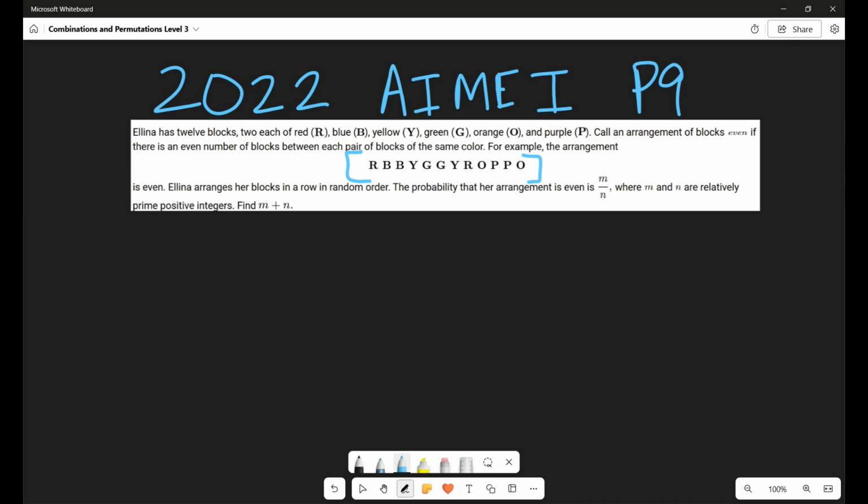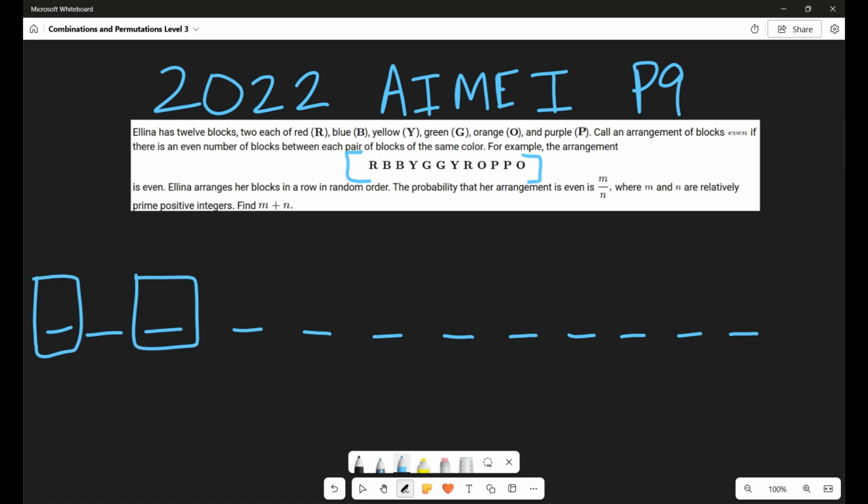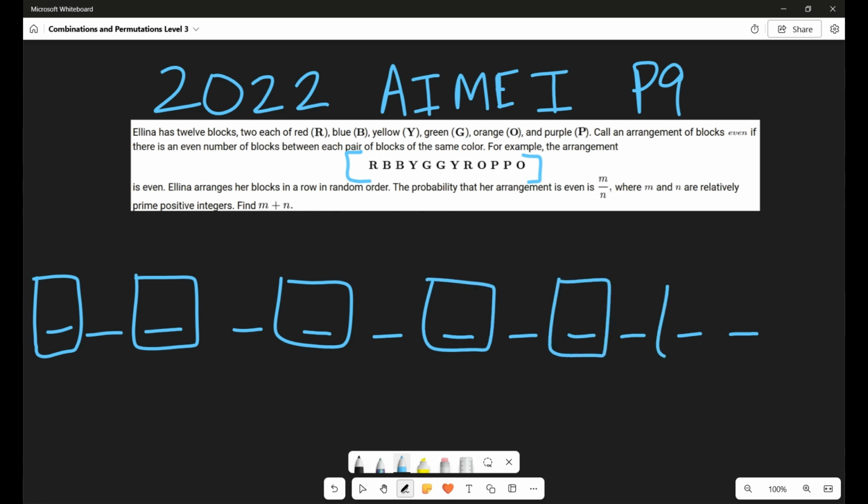So what we can notice is when we have our 12 spots here, we can separate the spots into odd numbered spots and even numbered spots. Let's say that we want to satisfy the condition that there's an even number of blocks between a pair of blocks of the same color, but let's start with just one color.